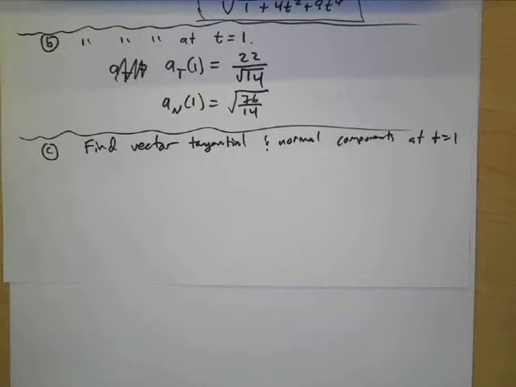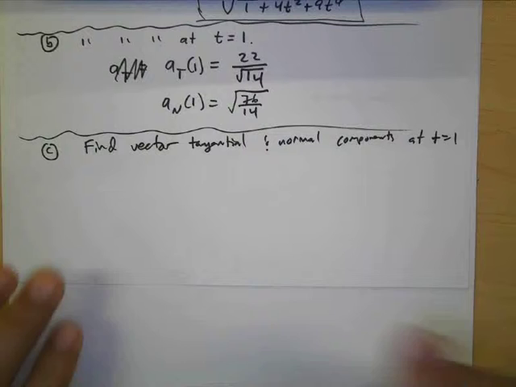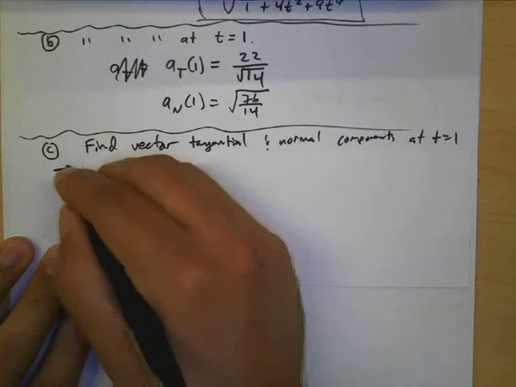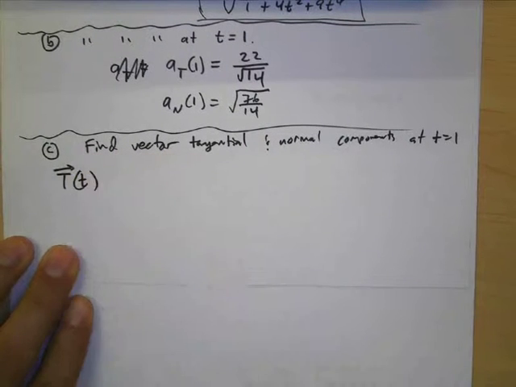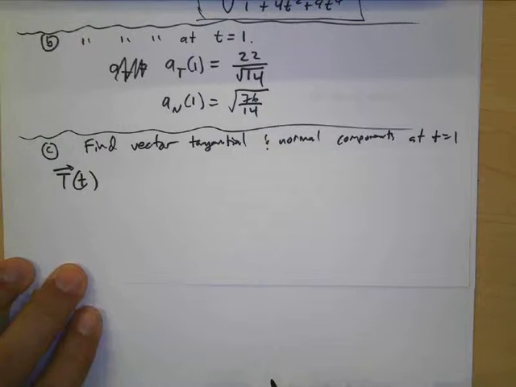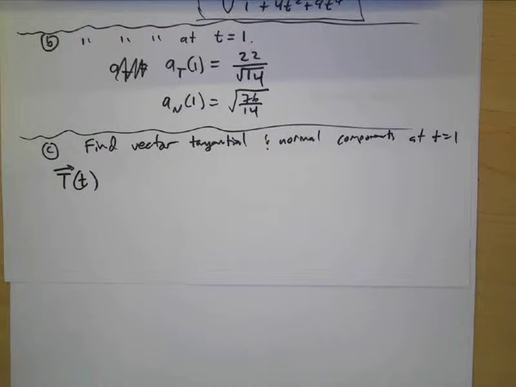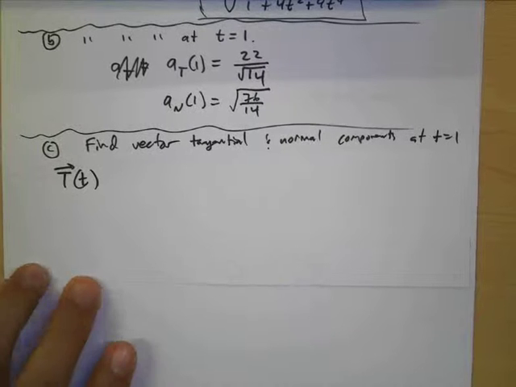Okay? So we need to find the unit tangent vector, right? Because once I know the unit tangent vector, then I can multiply the scalar tangential by the unit tangent vector, and that would be the answer.